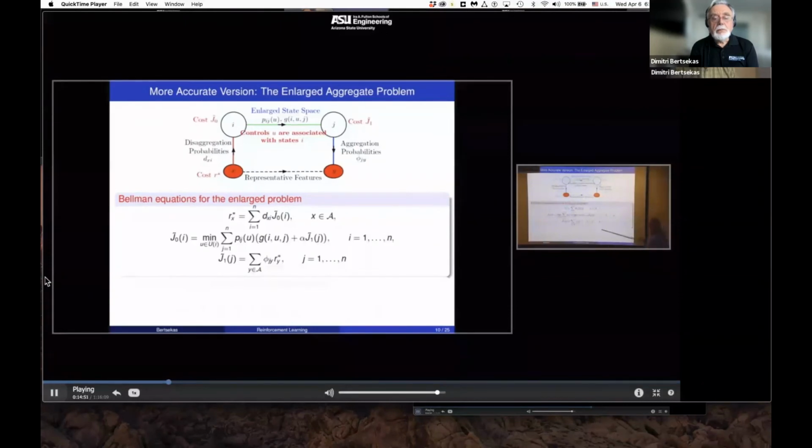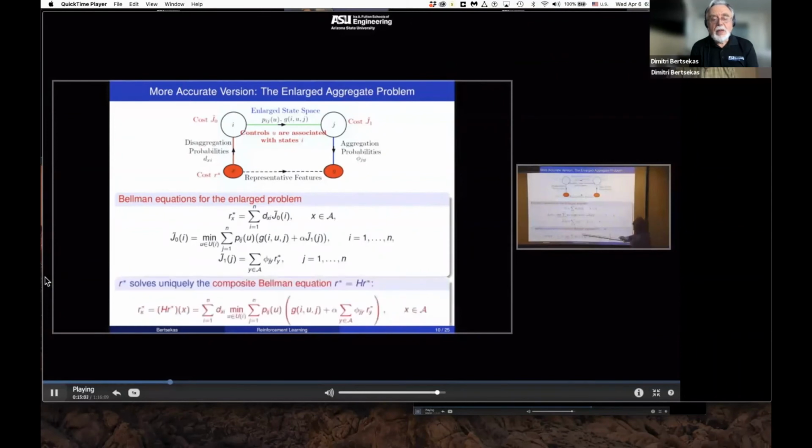I've created a gigantic Bellman equation, bigger than what I started with, but it turns out that it's still simple. And the reason is the following. If I take this J tilde 1 and plug it in here, and then take the resulting J tilde 0 and plug it in here, I eliminate J tilde 0 and J tilde 1.